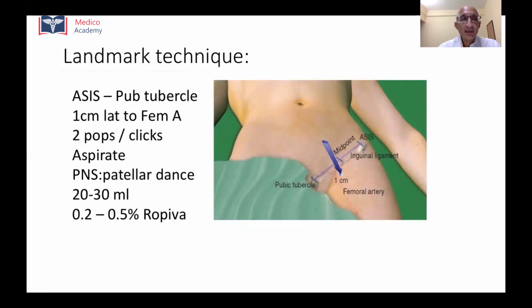Once it is negative, we inject the drug, and if you're using the PNS, then we have to see the quadriceps muscle contraction and the patellar dance. About 20 to 30 ml of local anesthetic is deposited, and the strength varies again whether you're looking for anesthesia or analgesia.